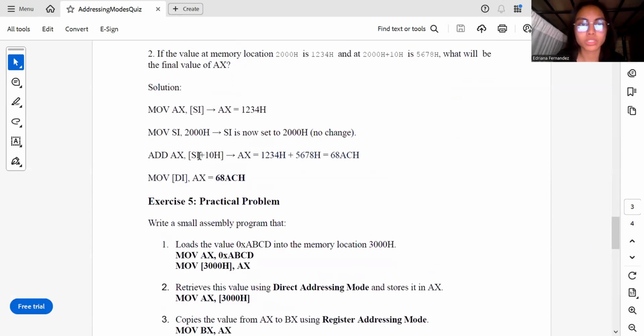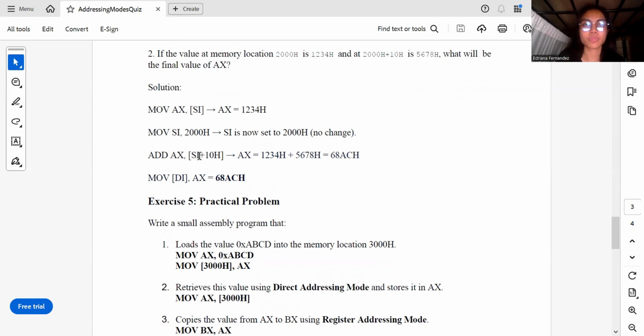Let me first read the question. If the value of memory location 2000H is 1234H and at 2000H plus 10H is 5678, what will be the final value of AX?